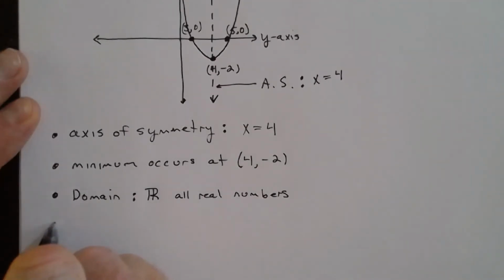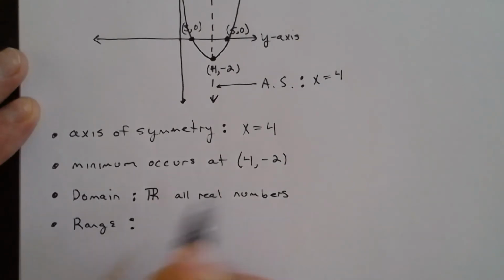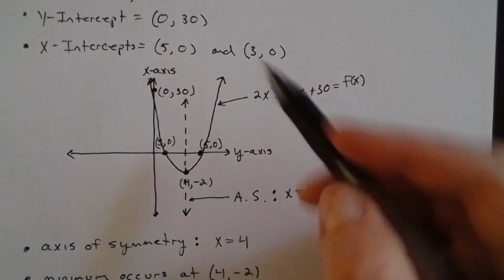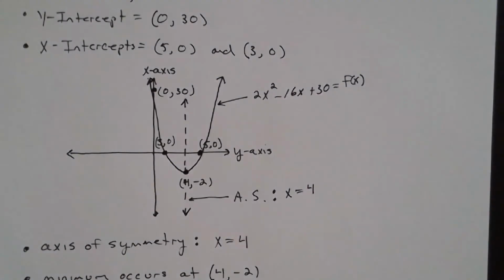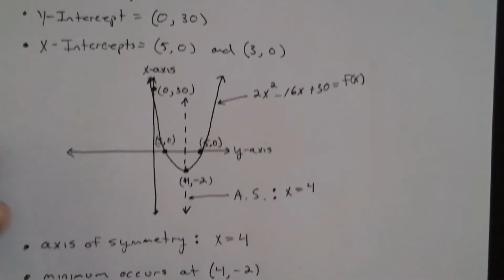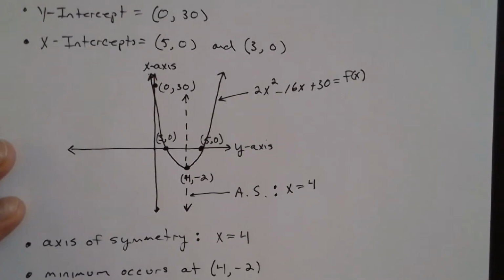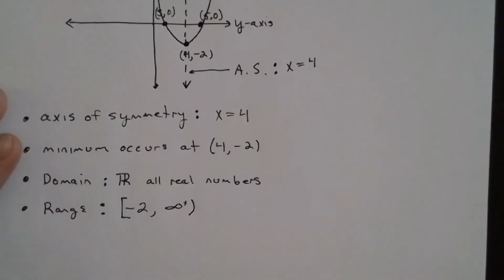What's the range? Is there a restriction on our range, on what our y values or our output can be? Yes. And what's the restriction? From negative 2 to positive infinity.